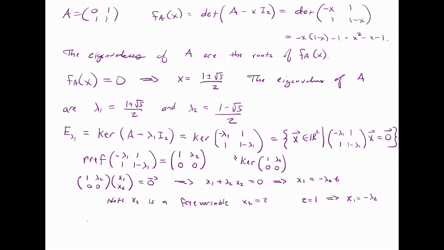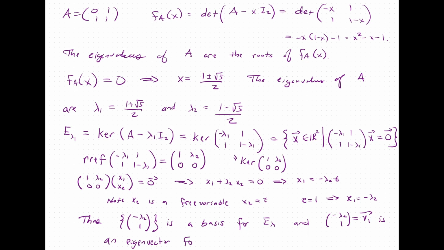So now the kernel, and actually a basis vector, thus we have that the column vector negative lambda 2, 1, since x2 is equal to t, which is 1, is a basis for e sub lambda 1, and we have the negative lambda 2, 1, which I'm going to denote by v1, is an eigenvector for lambda 1.